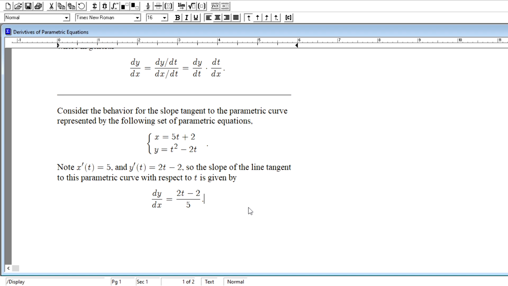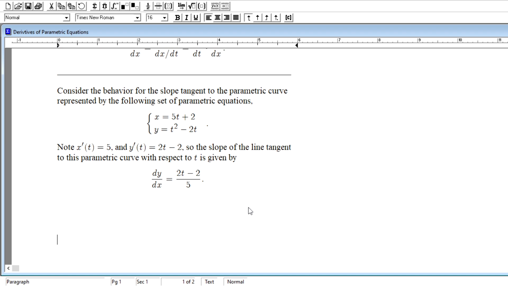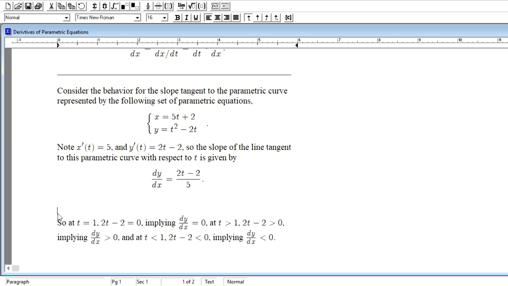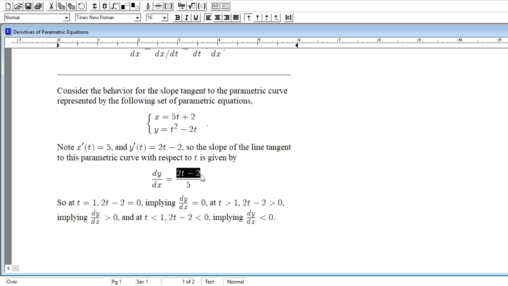And if we consider that behavior over different values of t, one thing we will note is that it does equal 0, first of all, to begin with, at t equal to 1. If I plug t equal to 1 into the numerator up here, it will make that numerator 0. And if this numerator turns into 0, then this entire quantity dy dx would be equal to 0.